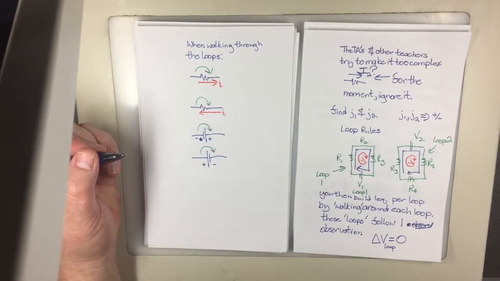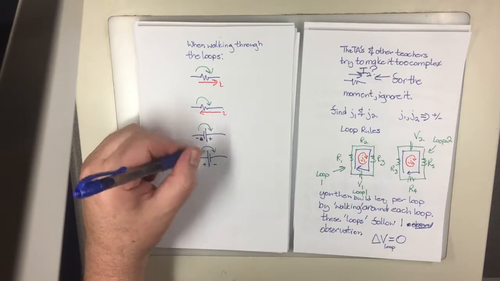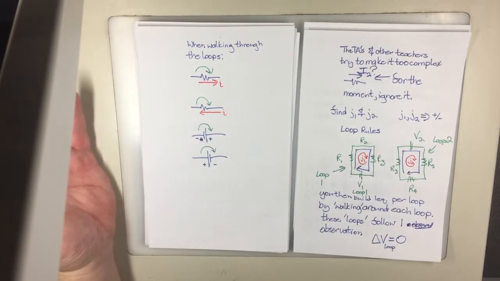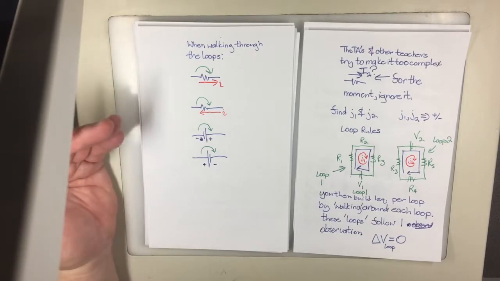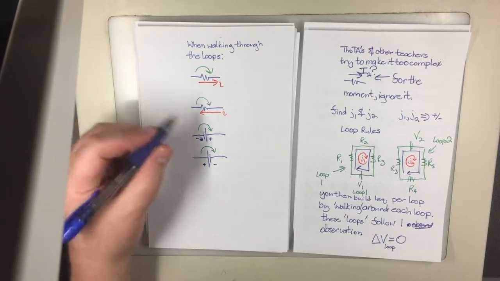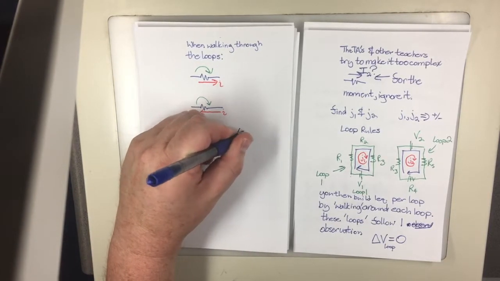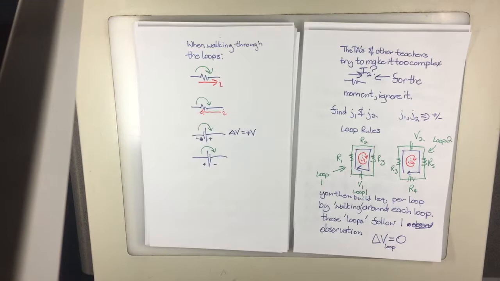And the answer is there's insufficient information, because the important thing about going through a battery, and its change in potential, is: are you going from the negative to the positive lead or positive to negative? In the case of the negative to the positive lead, your change in potential is positive V, whatever the potential strength of the battery.